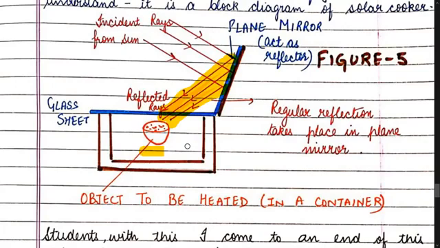And in this manner, we get all the rays reflected, concentrated on the object which we are heating. So here the plane mirror is acting as a reflector.